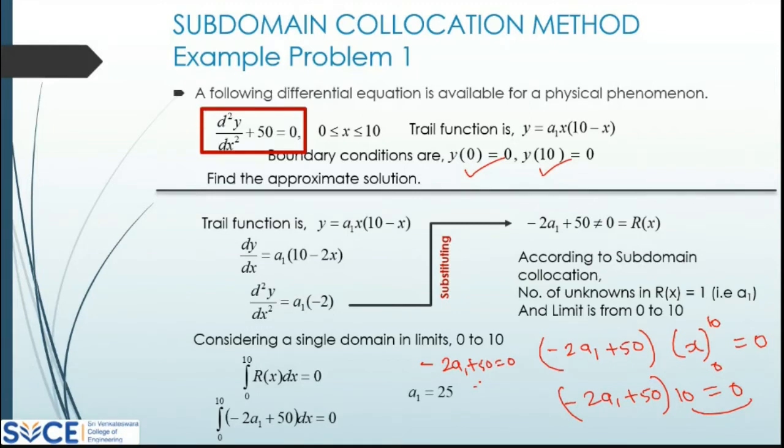Right? No difference. So my solution is same as what we discussed: y is equal to 25x into 10 minus x. So a1 is 25. I think we got the same answer for point collocation also. So let me go for the next one.